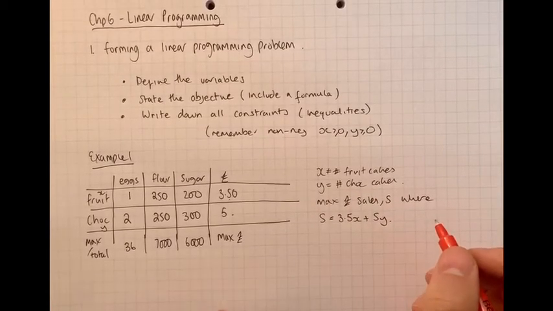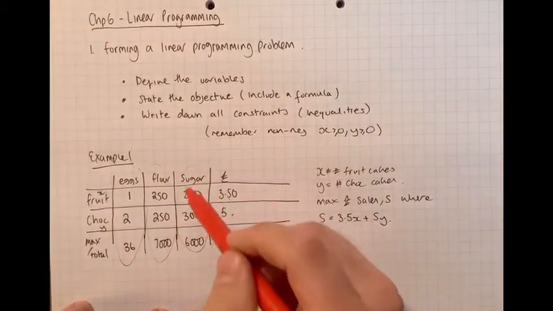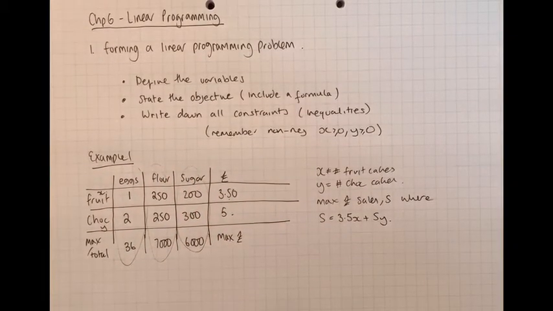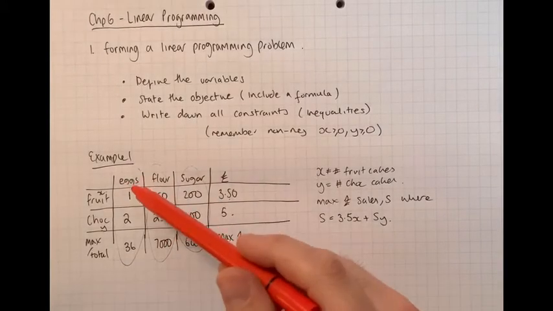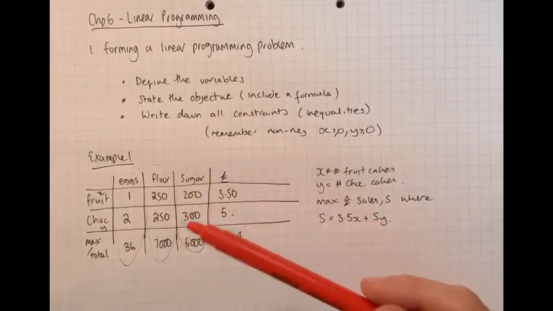Okay, then the constraints. Now these are what gives you the constraints. The constraint is how many cakes can you actually make. So in order to maximise a profit, you just want to probably make the maximum number of cakes you can with the ingredients she has. So you're going to get a constraint from the eggs, because she's only got 36 eggs, similar one for flour and for sugar.